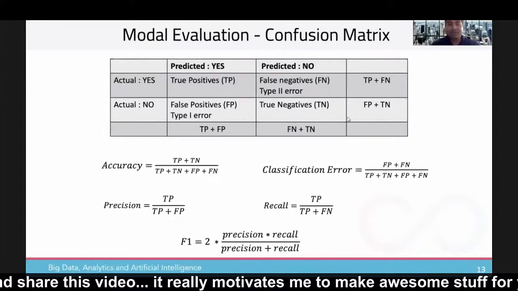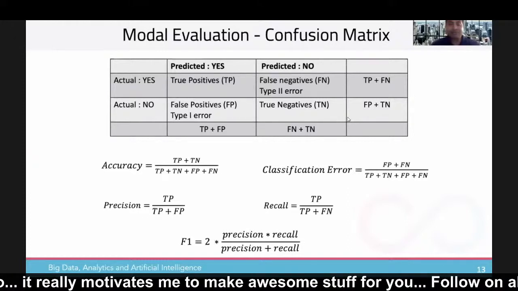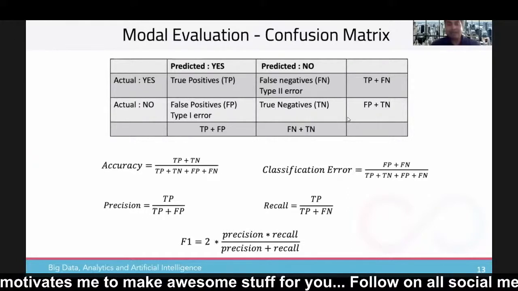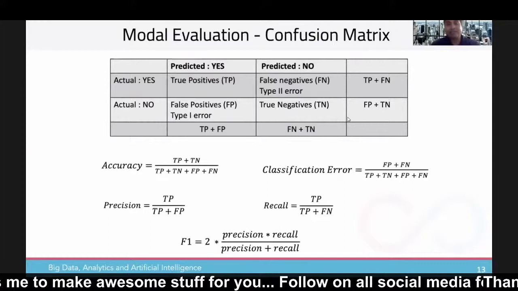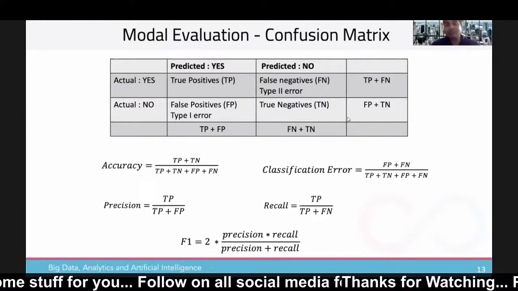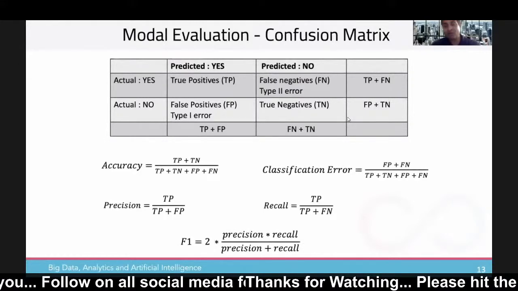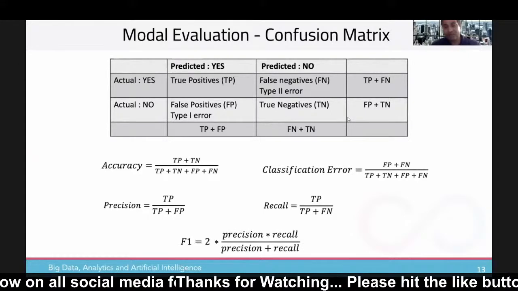The other is false negative, the type 2 error. It means the algorithm predicted the patient not sick, but the patient was sick. So actually it was yes, but the algorithm predicted otherwise. So it is a type 2 error.